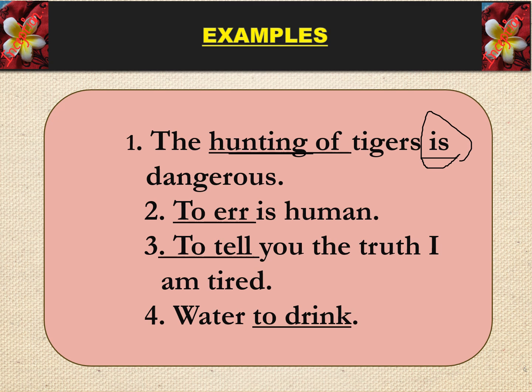To tell you the truth, I am tired. Here also, see, I is the subject, so that's why we are writing am. If there would be he, then what would we write here for the verb am? He is. So this verb is changing, but to tell is not changing.